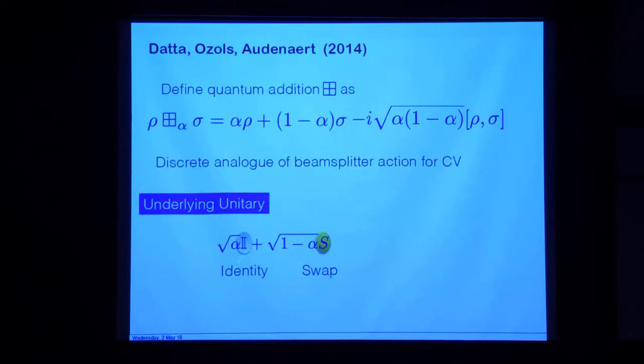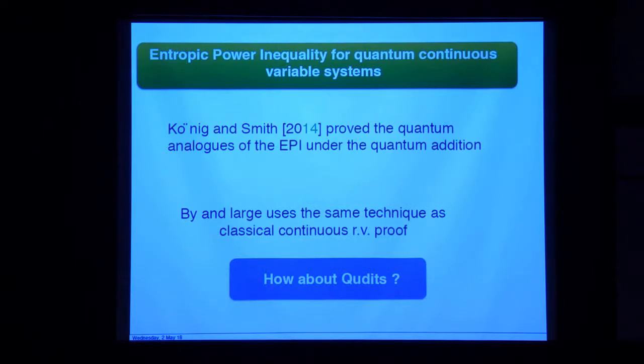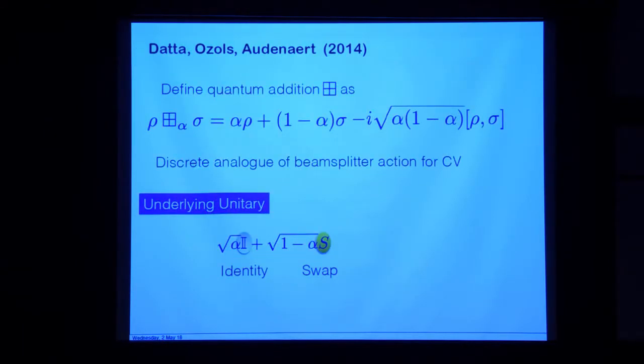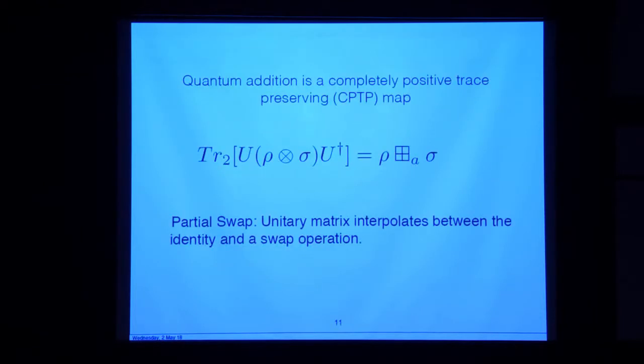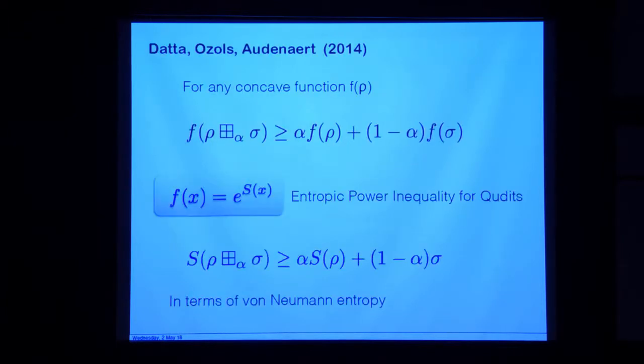So square root of alpha times identity plus square root of 1 minus alpha times the swap is the global unitary that will actually realize this CP map and will result in the state rho addition sigma. This is something very nice and beautiful, because you can actually physically realize this.